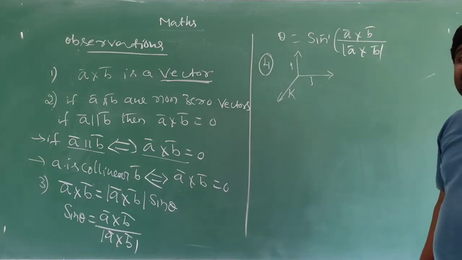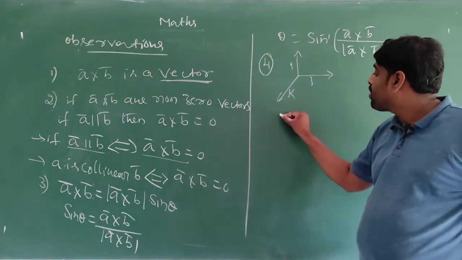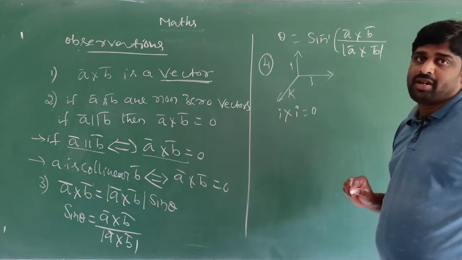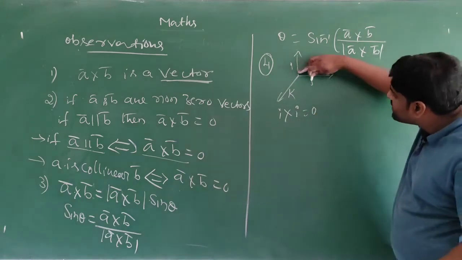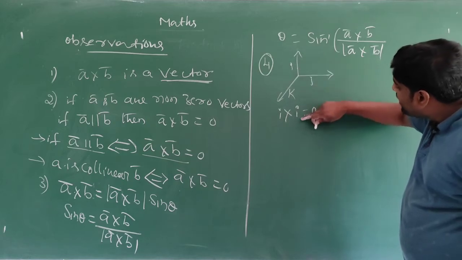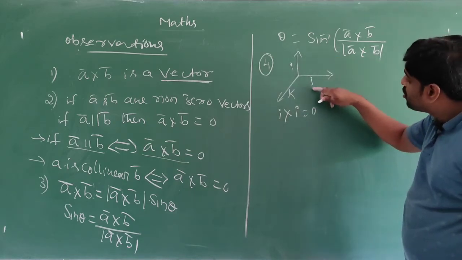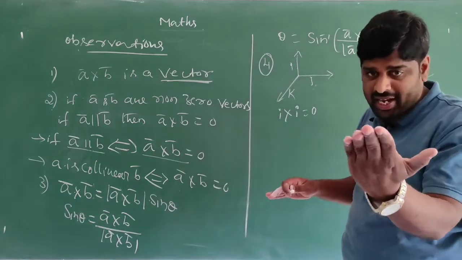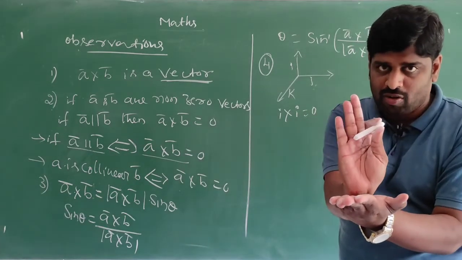But in the cross product, i cross i is 0 because this is the i component and this is the j component.